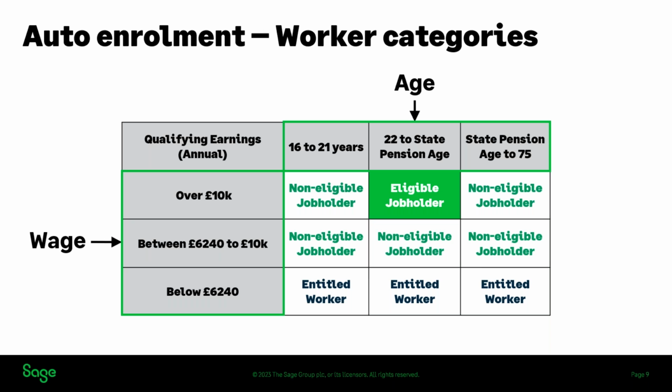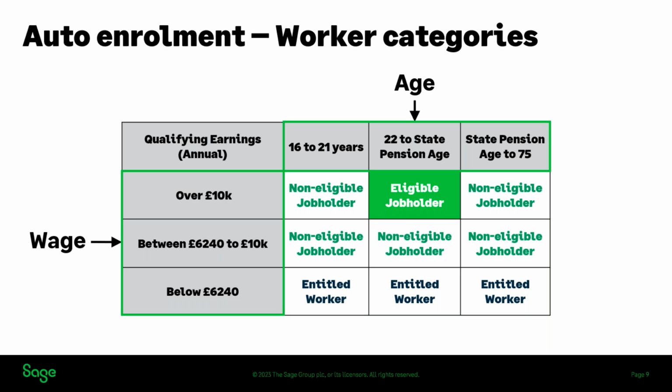But if you look at the current slide, you'll see that a worker category is based on an employee's age and wage. It's an easy way to remember it. And to be eligible to be auto-enrolled, an employee's age must be between 22 and state pension age, and their wage must be over £10,000 per year, or the weekly or monthly equivalent.